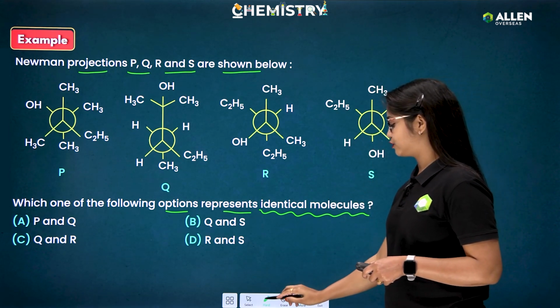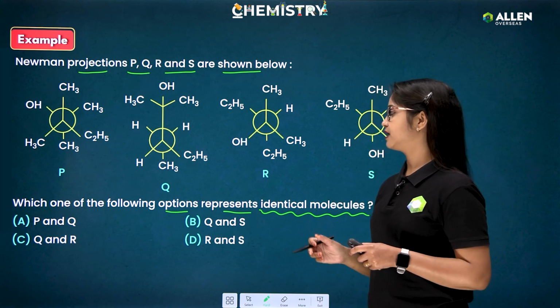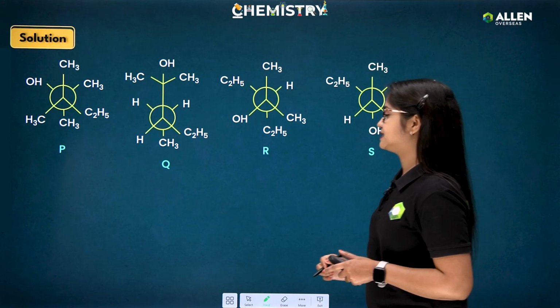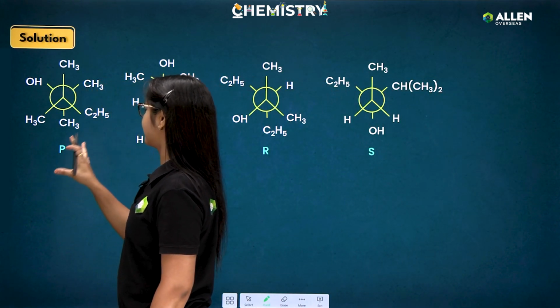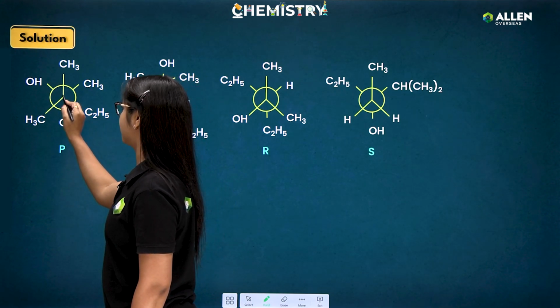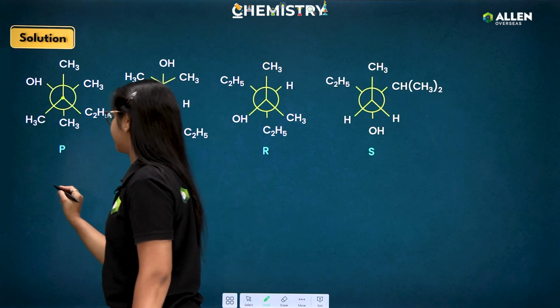So we have to find out the identical molecules. First of all, we have to make their proper structure, okay. Let's see, if I just make a normal structure of this compound, what is this compound? This is the front carbon. So at the front carbon we have 2 methyl and 1 ethyl, okay.